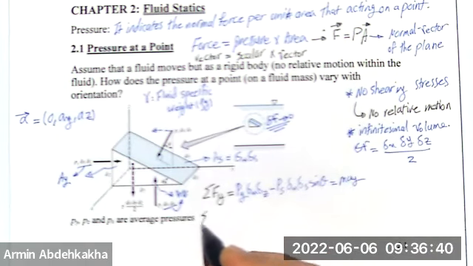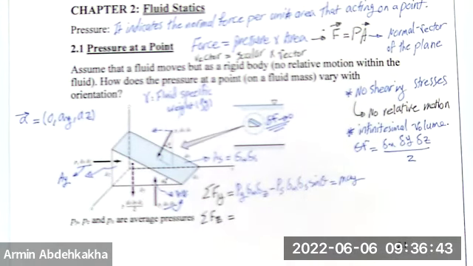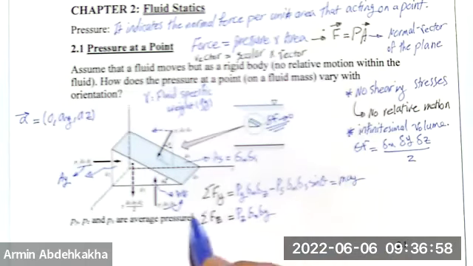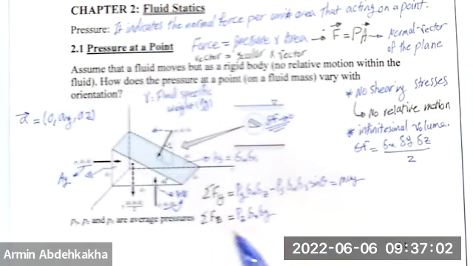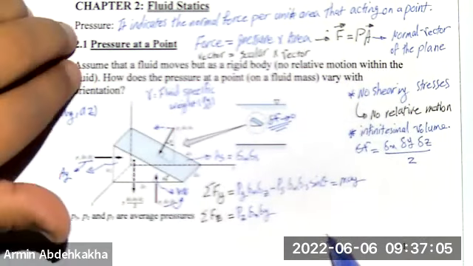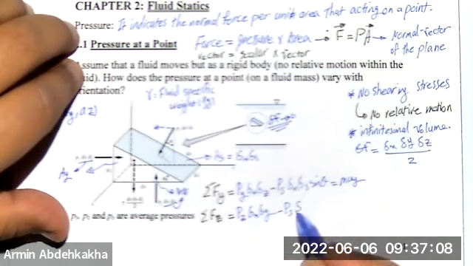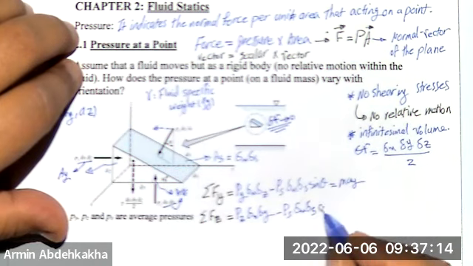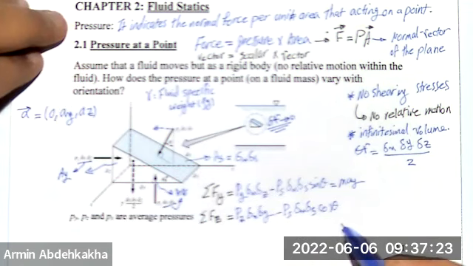In the z direction, you have the same but with a different subscript. Pz times delta x delta y, which is here, minus Ps times delta x delta s, but in the z direction, cosine of theta.